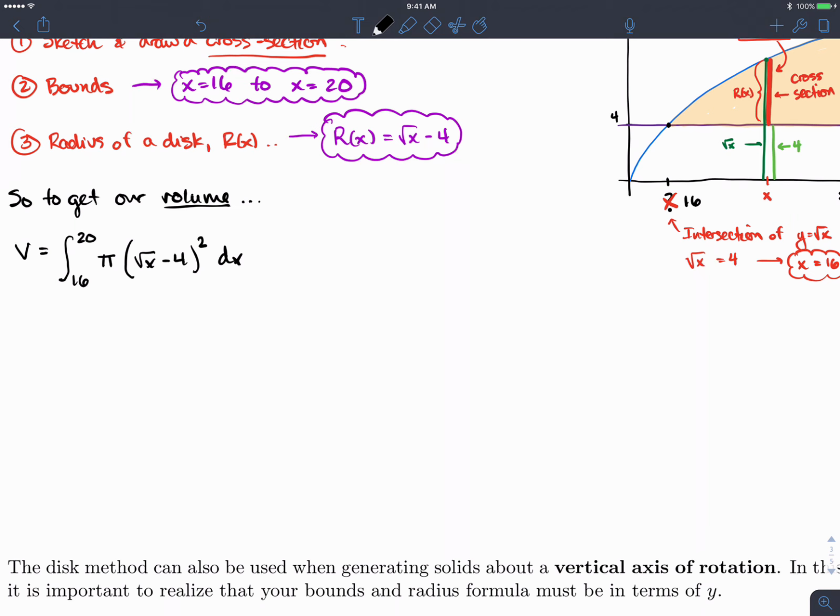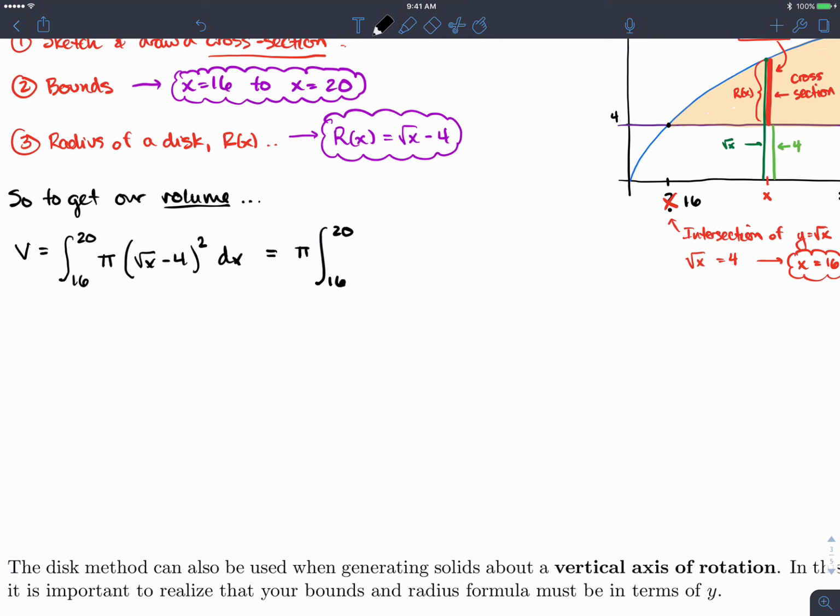If we need to evaluate this, now we're going to need to get it into a form that we can actually integrate. So a couple things that we're going to do, like before, I'm going to pull that pi out front. So pi from 16 to 20. And then I'm also going to square out this square root of x minus 4. Now, I know you guys are in calculus now, but sometimes it's still tempting to want to distribute exponents when it's not appropriate.